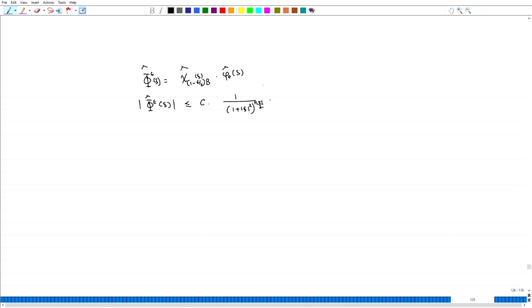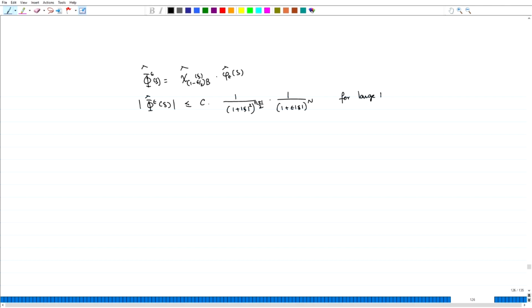Phi epsilon is a Schwarz class function, because it is a smooth, continuous function with compact support. It is in Schwarz space.